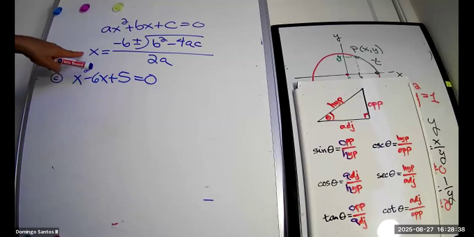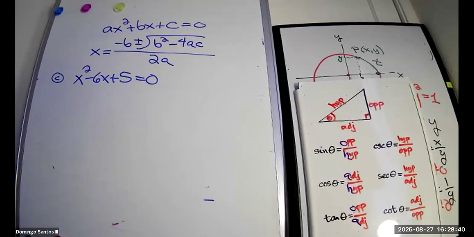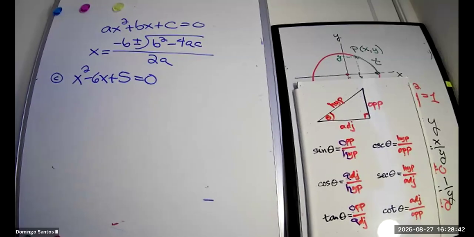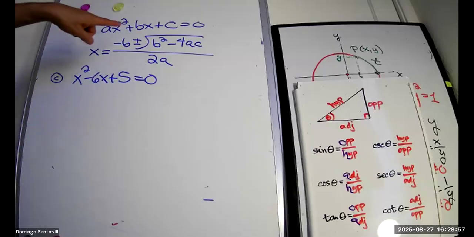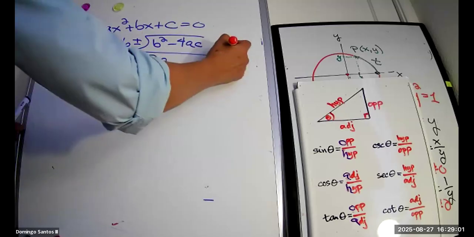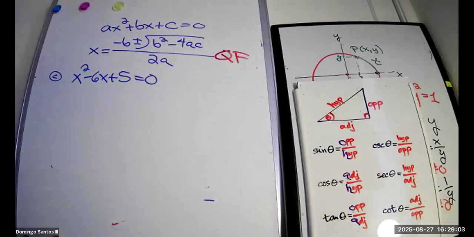Get the values of x that will satisfy that equation. Well, there's several ways to do this. You could actually factor it out if you can. But since we're on the topic of solutions of a quadratic equation, let's just use the quadratic formula, okay? This is the quadratic formula. Let's just call it QF.